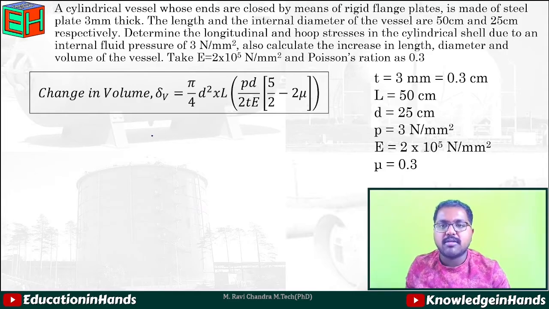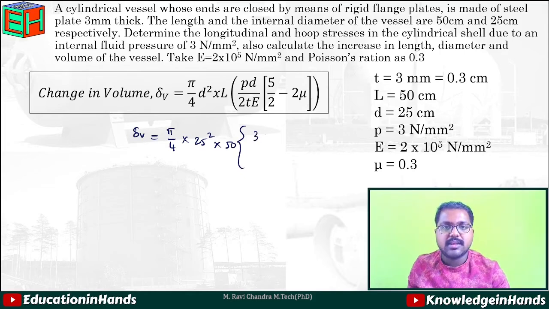If we keep all these values and solve the problem, we will get the value for delta V. So first pi by 4 into D square, that is 25 square, into L, that is 50 centimeters, into P, that is 3 Newton per mm square, into D 25 by 2 into T 0.3 into E 2 into 10 power 5, into 5 by 2 minus 2 into 0.3, that is the mu value.